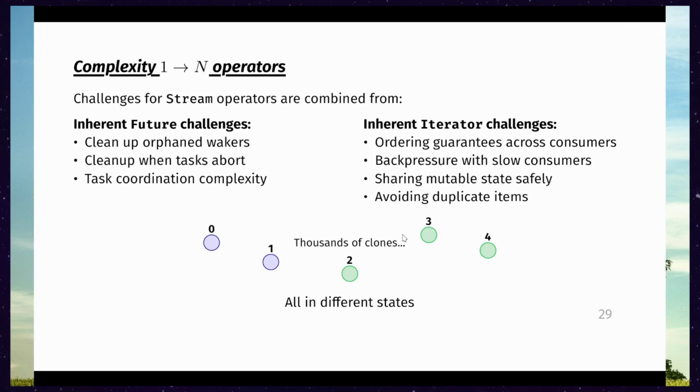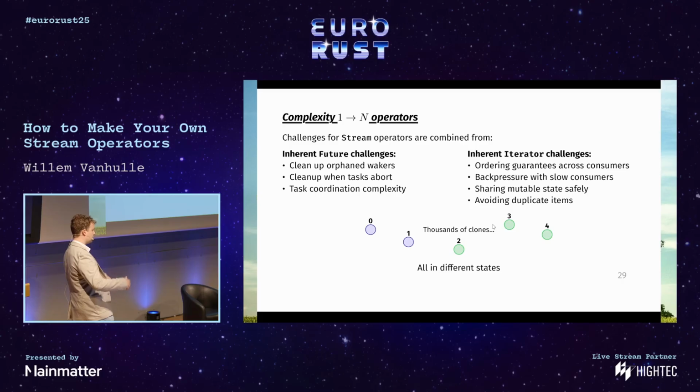There's, however, some complexity. You have the typical complexities from futures, but also the ones from iterators. For futures, if you implement futures, you have to think about the behavior when a user that is polling suddenly cancels or drops the future. You also have to think about the wakers. Where are you going to store the wakers? And then there's also the iterator aspect.